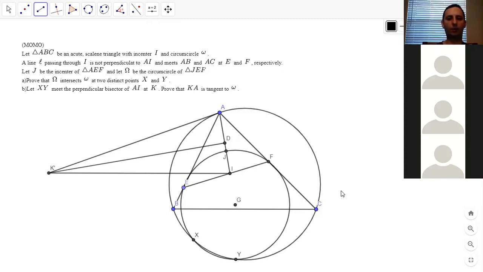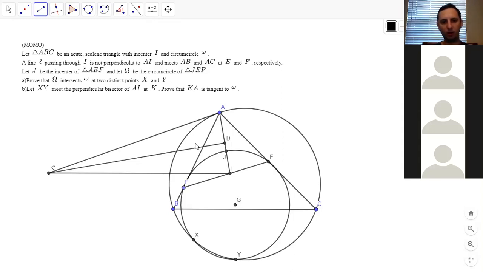So what's the radical axis of EFXY and the point I? I wonder how you'd even do that. I don't know. Maybe I can prove it.